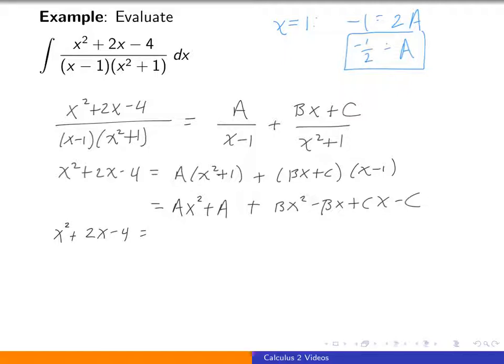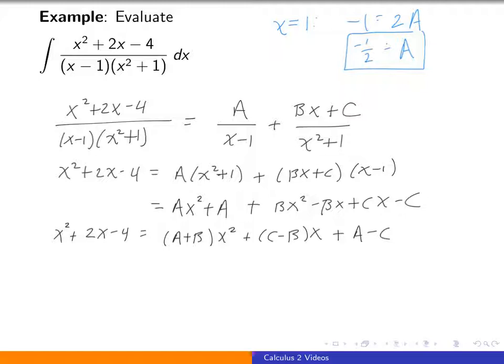On the right, if we group together terms, we have a plus b x squared plus c minus b x plus a minus c. So since we know what a is equal to, it's minus 1/2, we should be able to compare the coefficients of the x squared term and then either the x term or the linear term to solve for c.